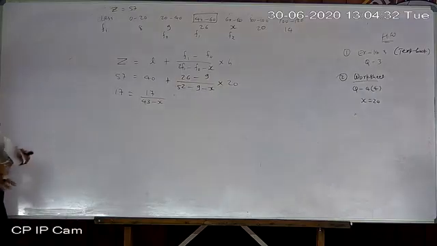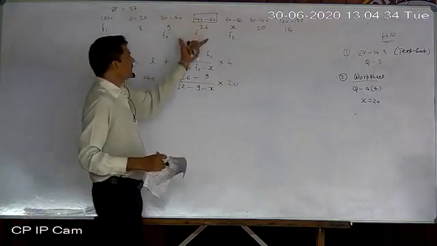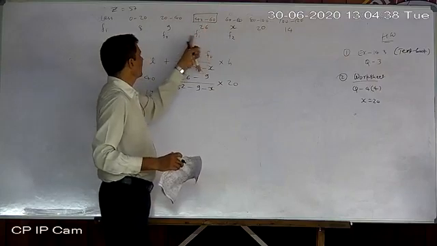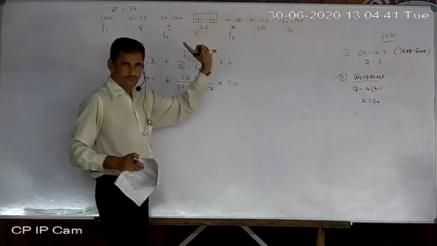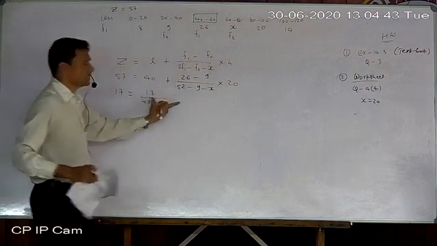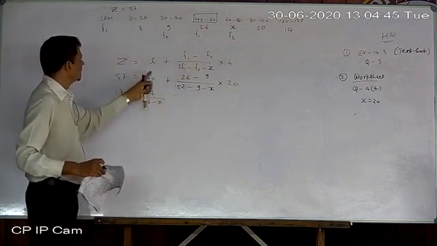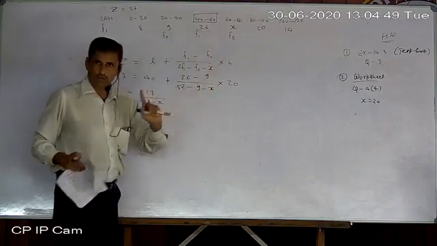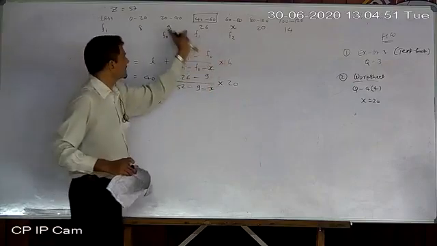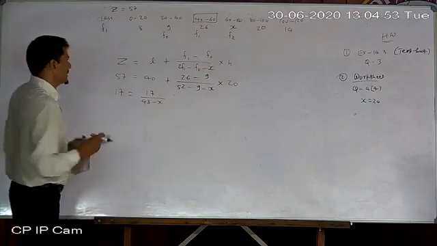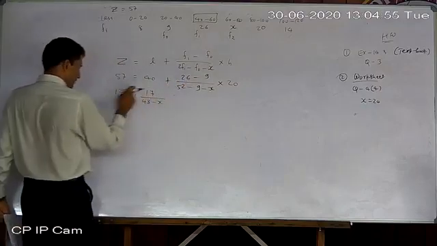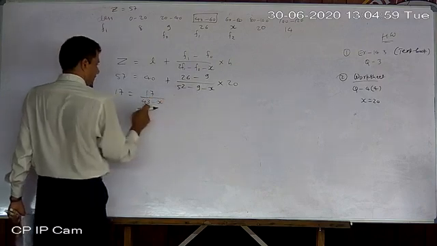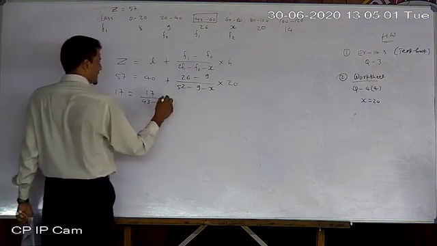Again, this is all given according to the modal class we found, and according to that F1, F0 and F2 are located. Now all values are placed. This is the lower boundary of the modal class, F1, F0, F2, you know how to locate them. And the class size is 20, so it is written.